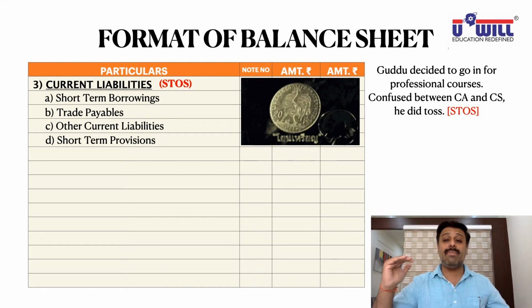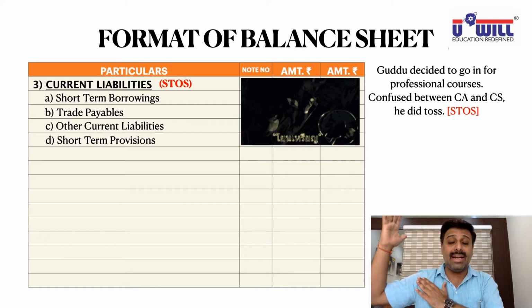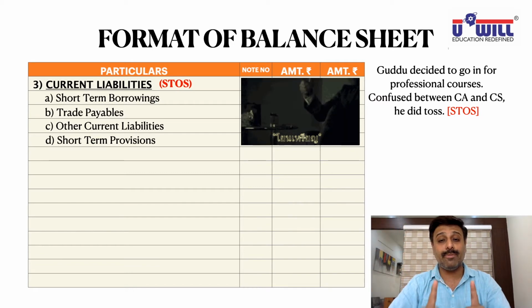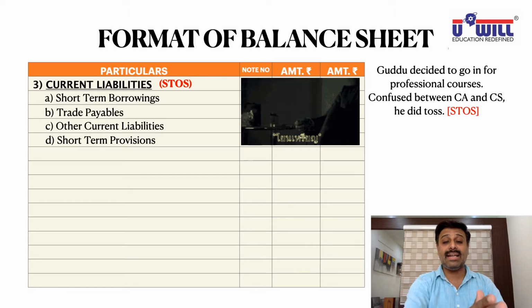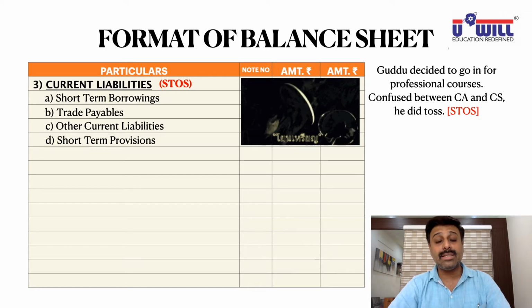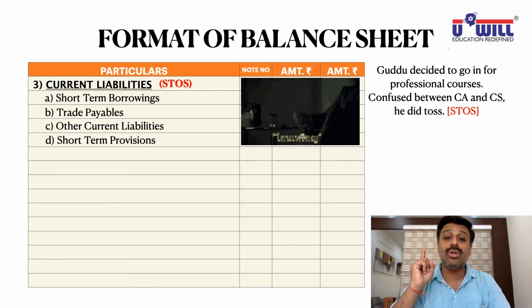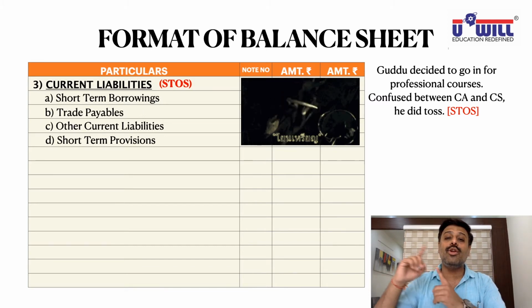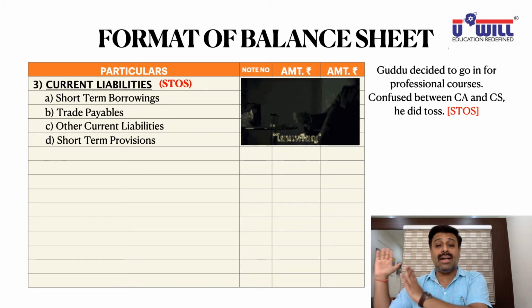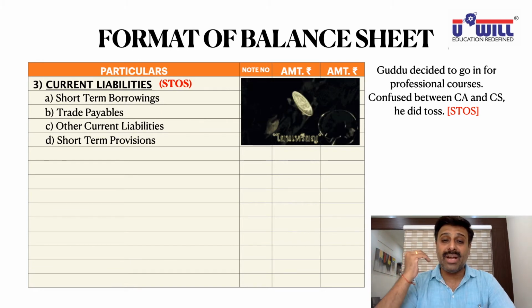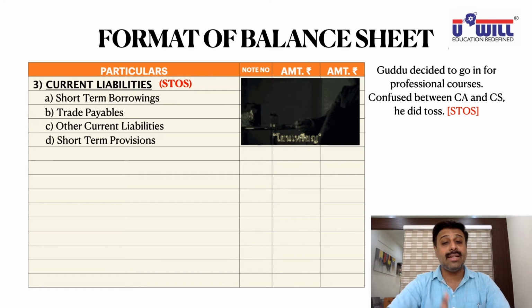So other current liabilities will include all the items of non-current liabilities in the last year of payment. When we make the balance sheet of the last year of payment, the same things will come in current liabilities. So write this in your notebook: क्योंकि current भी कभी non-current था. Earlier it was non-current, but now in the last year of payment, because you pay in the current year itself, it becomes a current liability.